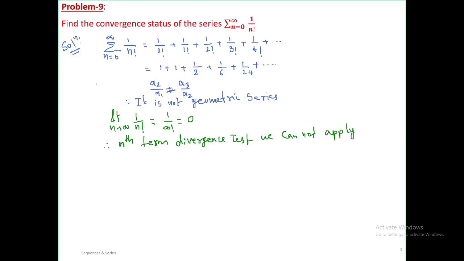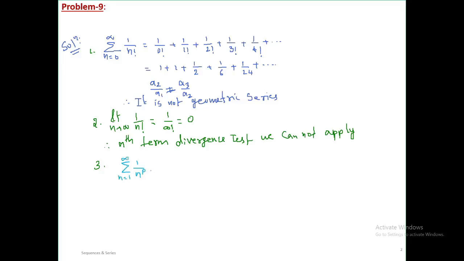So therefore the first one is not working out, the second one is also not working out, and the third one we have seen is the P series test. Can we apply? Look at this. For the P series I want the nth term of the series to be in this format, 1 upon n power p, where n is running from 1 to infinity.